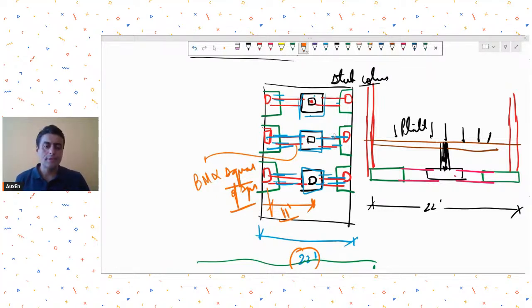Compared with a 22 feet tie beam, an 11 feet tie beam has one fourth the bending moment. So your size also drastically comes down, and in some situations a stub column footing system may turn out cheaper than a longer tie beam system. So that is also a possibility that you should consider.